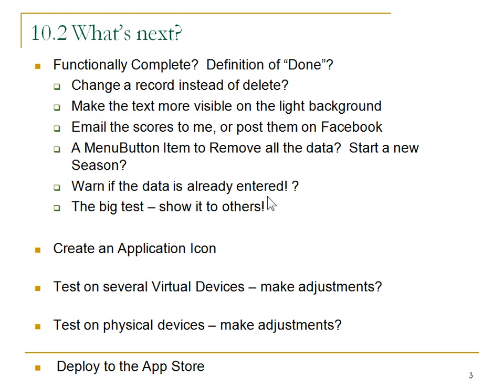So what do we absolutely have to do before we can say done? We have to have an application icon, and we have to test the application on several virtual devices and make adjustments based on things that we didn't expect. If we want to market to people who have various devices and various releases of Android, and then test on physical devices, as many as we have.